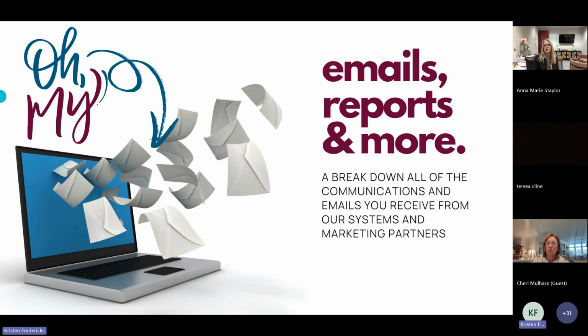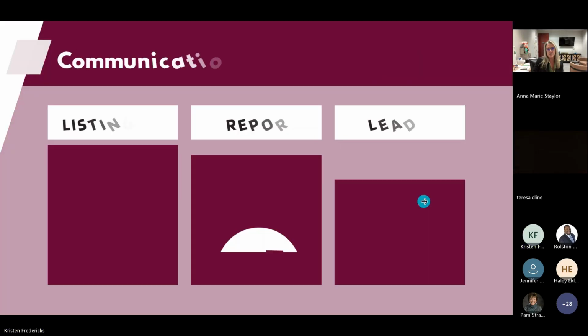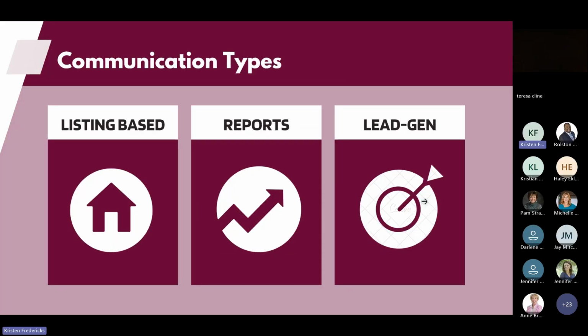So I certainly took some liberties here with some of our current events and emails, reports, and more. This is going to be a breakdown of some of our communications and the most important emails that you receive from all of our systems and partners. I've broken down these communications into 3 different types. There's obviously more than this out there, but we do have a fair number that are listing based.